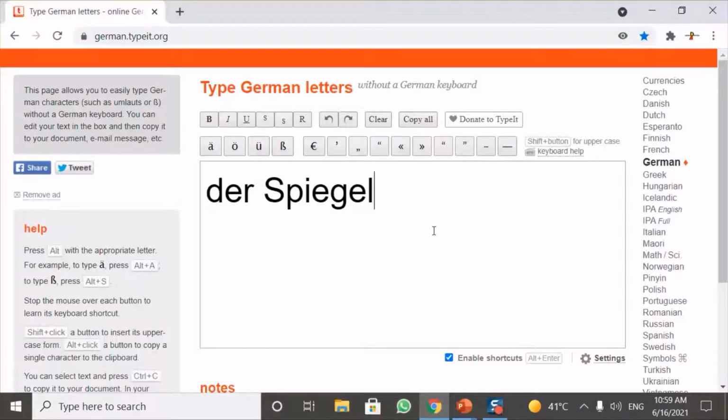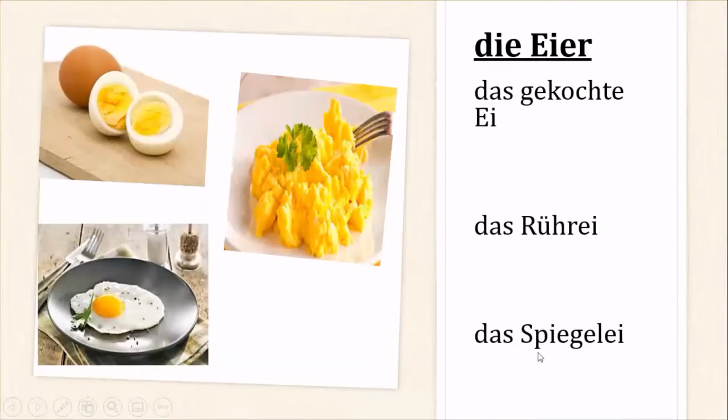So fried egg in German is, if you translate it word for word, the mirror egg. What is meant here is that, as we often say in English, the sunny side up of a fried egg is what is referred to as the mirror egg, because this part of the egg looks like a mirror, or at least the yellow part here. So it has been termed the mirror egg.